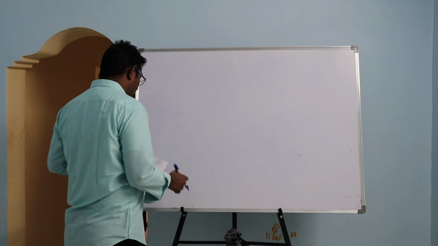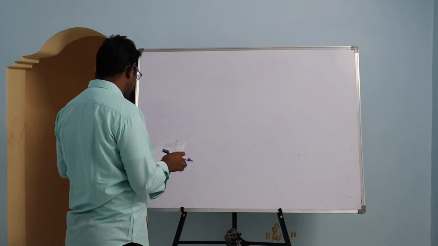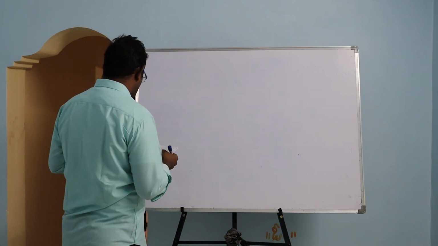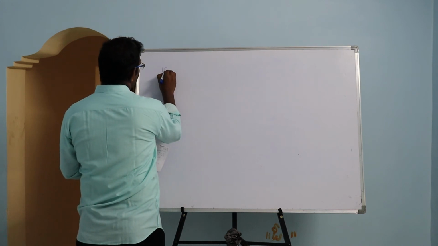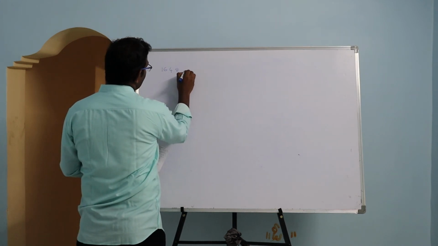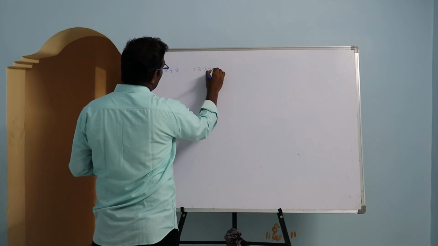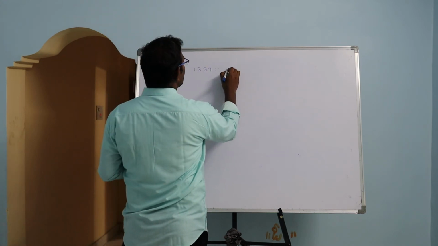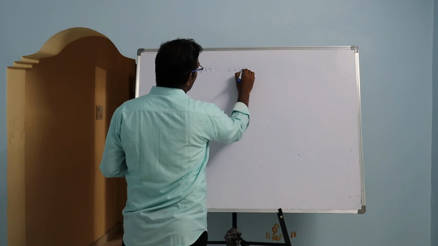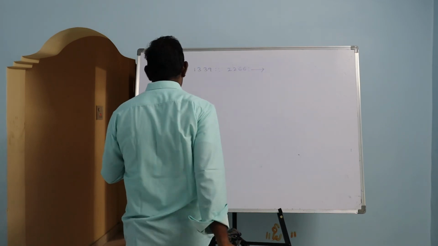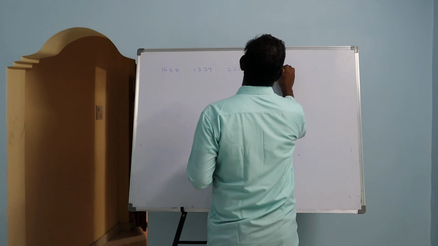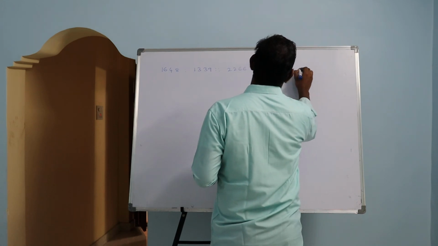Right, clear? Note down the next problem. 1648 is related to 1339 as 2266 is to dash. Option A is 1234.